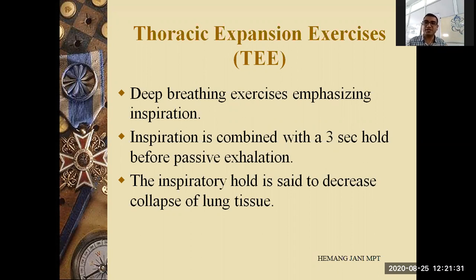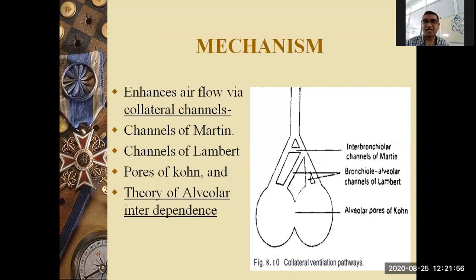So inspiratory hold is said to decrease collapse of the lung tissue. Whenever you are going for inspiratory hold, we can prevent the collapse of the alveoli and the atelectasis of that particular alveoli. And I have already given the mechanism.